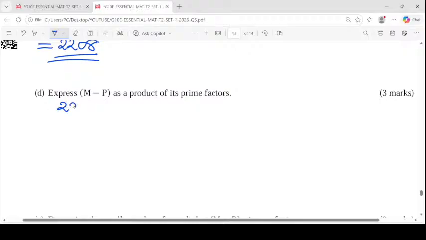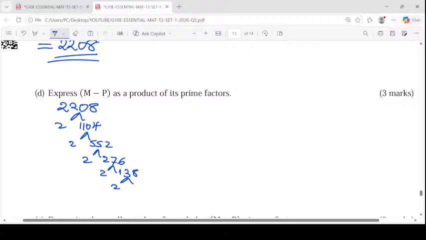So let us see, 2208. I'll start with the 2. So 2208 divided by 2, that is 1104. Again divided by 2, 552. Again divided by 2, 276. Again by 2, 138.